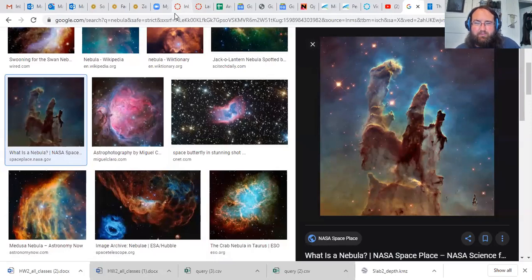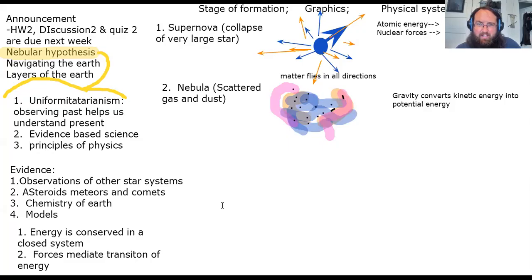As the matter starts to fly inward, most of that matter is going to coalesce near the center of everything. You'll end up with a very faint, large, faint protosun.